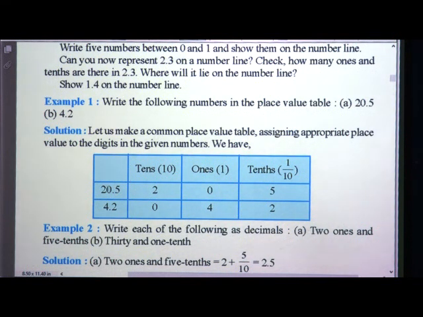So we have written 20.5 and shown the place values for the decimal. Now, 4.2. Do we have anything in tens? No, so we write 0. Then in ones we have 4, so we have written 4, and in the tenth place we have 2, so we have written 2. So 4.2. Okay. Next question.